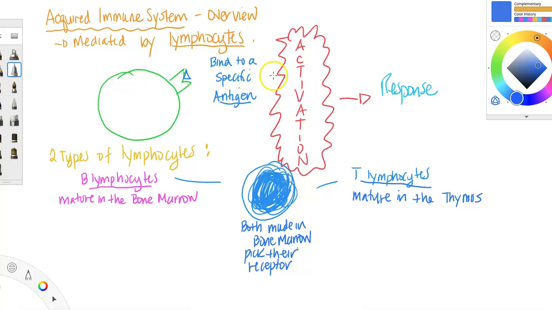All right, so if we look at B lymphocytes, the B lymphocyte's going to look kind of like that. It's going to have its big old nucleus there. B. Okay. So the receptors on B lymphocytes are actually antibodies.